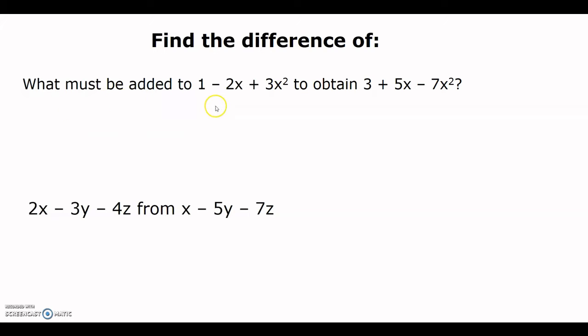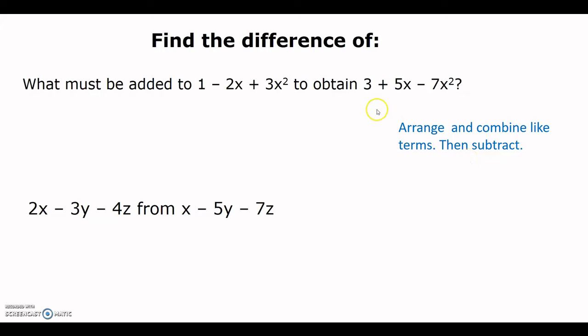What must be added to 1 minus 2x plus 3x squared to obtain 3 plus 5x minus 7x squared? It is very important that you know how to determine which one is the minuend and which one is the subtrahend. In this problem, our minuend is 3 plus 5x minus 7x squared. So step 1, arrange and combine like terms.